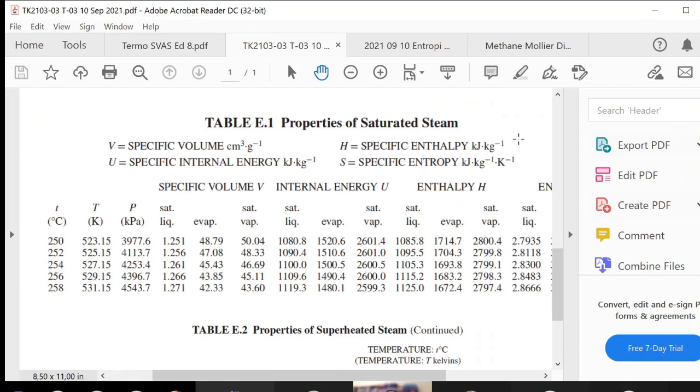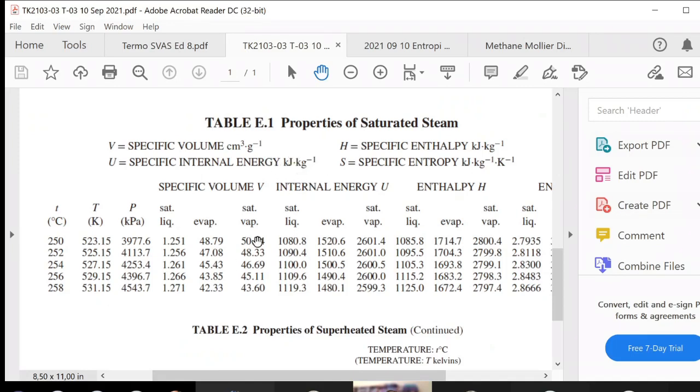But if it is a mixture, then it is per kilogram of the mixture. That is kilogram of liquid plus kilogram of the vapor. Okay. S is the entropy, specific entropy, kilojoule per kilogram Kelvin. U is the internal energy, specific internal energy, kilojoule per kilogram of water.